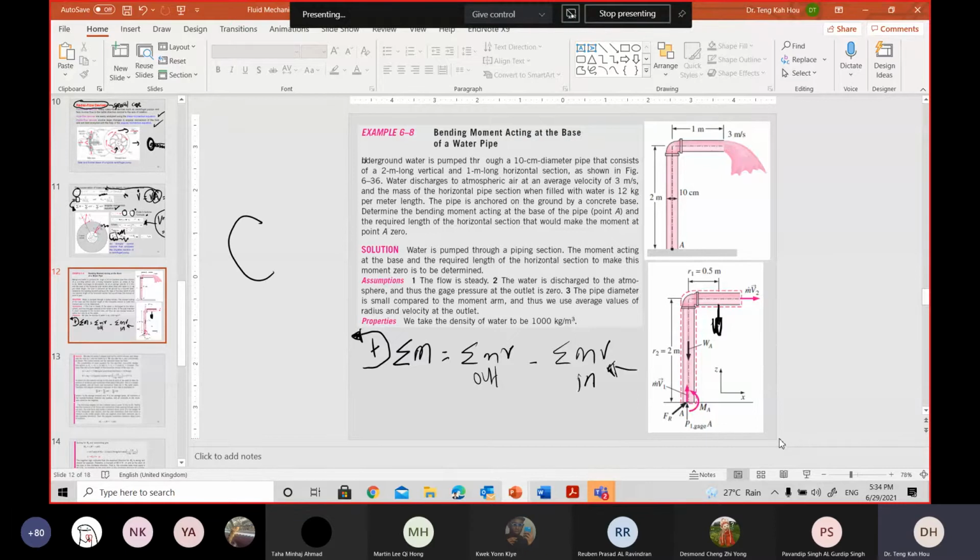So don't worry if you get different answers, but I will highlight that you must know what direction you are referring to. For example, you're referring to clockwise as positive, or anti-clockwise as positive. It doesn't matter, okay?